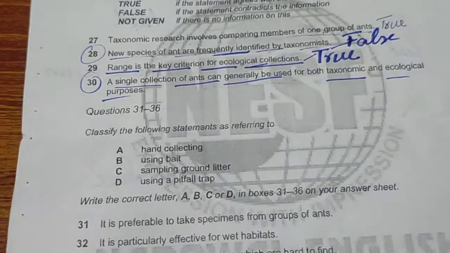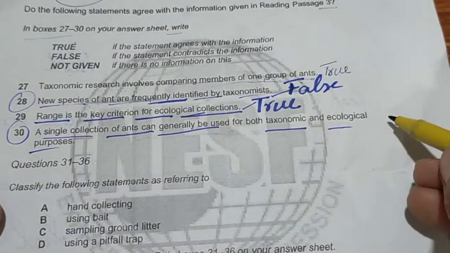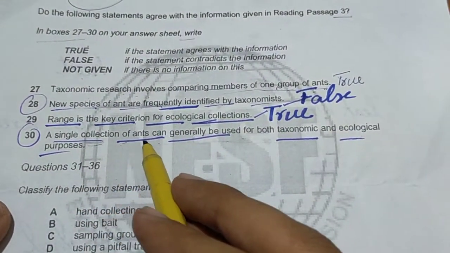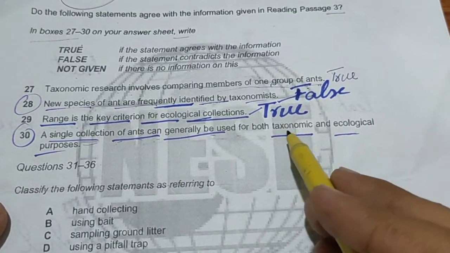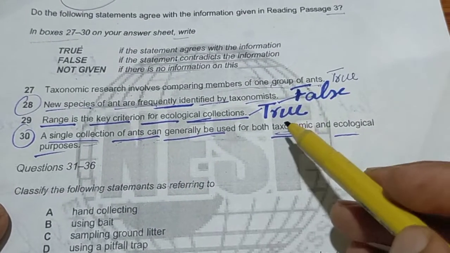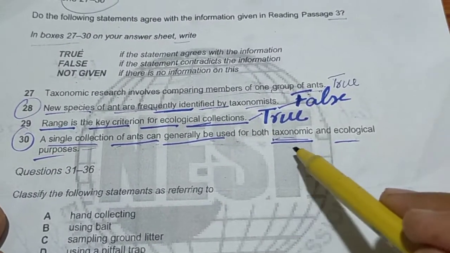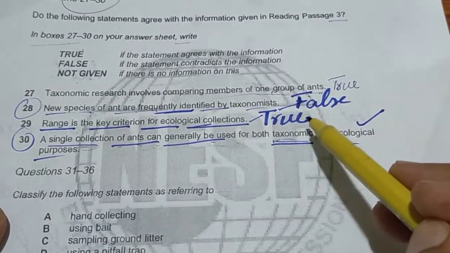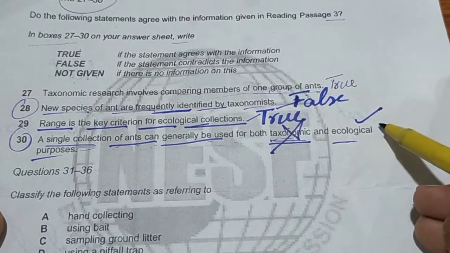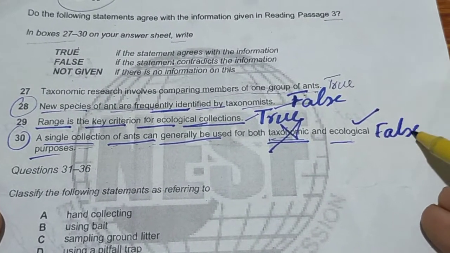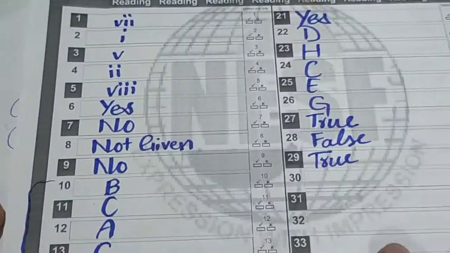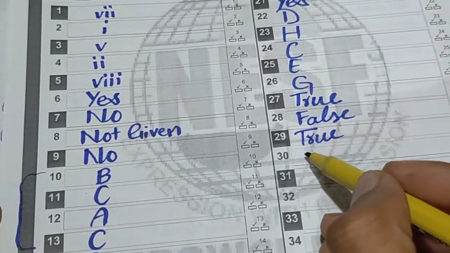So this statement contradicts the writer's information. A single collection of ants can generally be used for both taxonomic and ecological purposes, but in the paragraph it is written that it is only used for the ecological purposes, not for the taxonomic purposes. So this will be false, and the false will be written in the answer sheet.